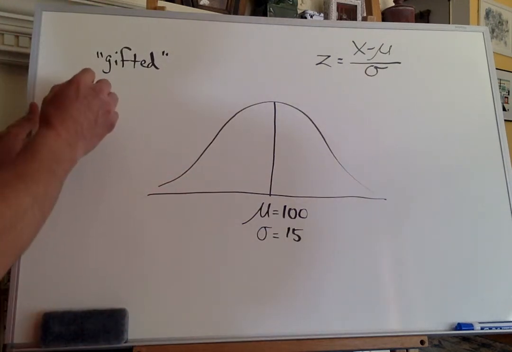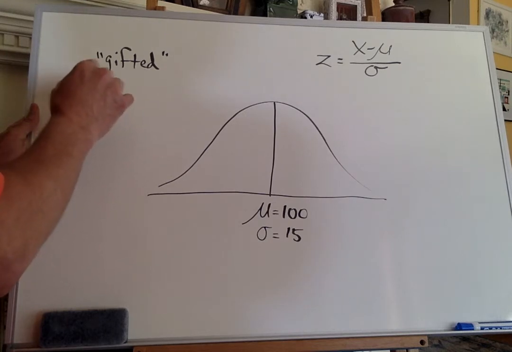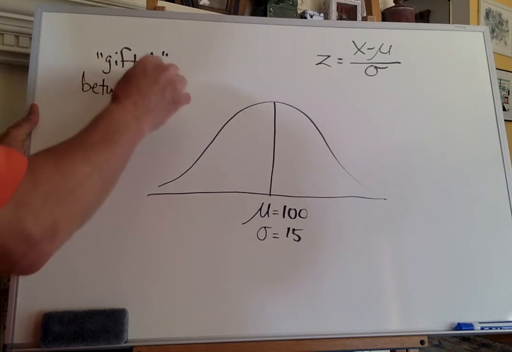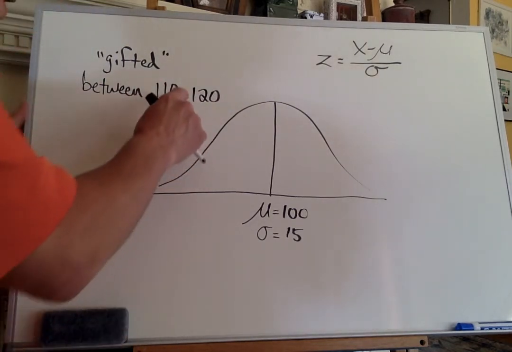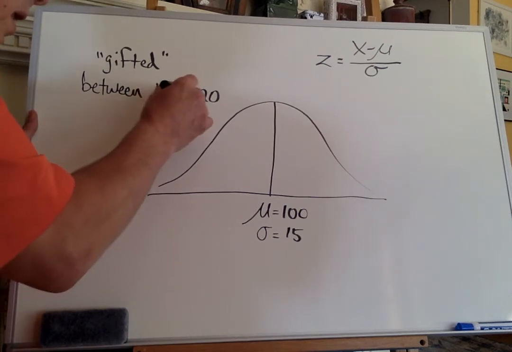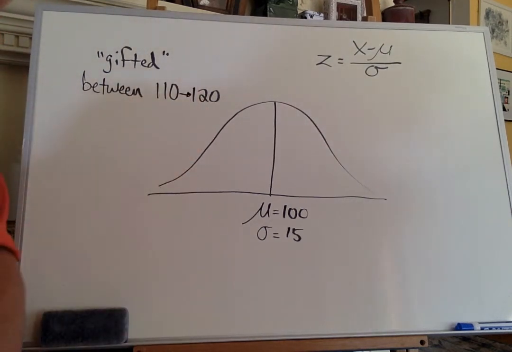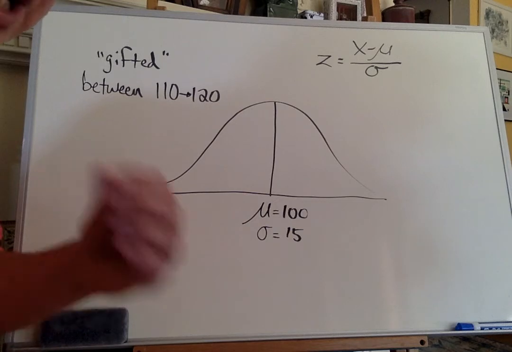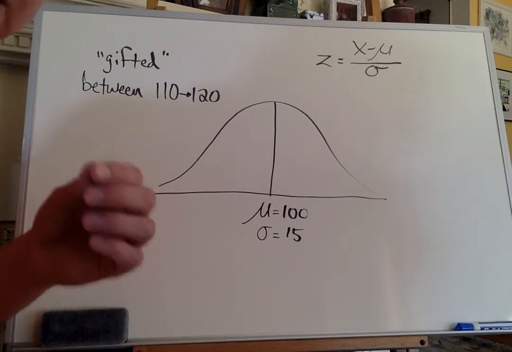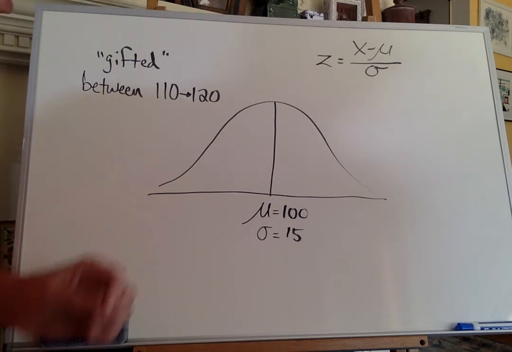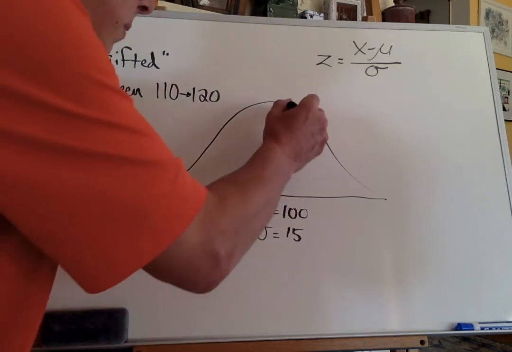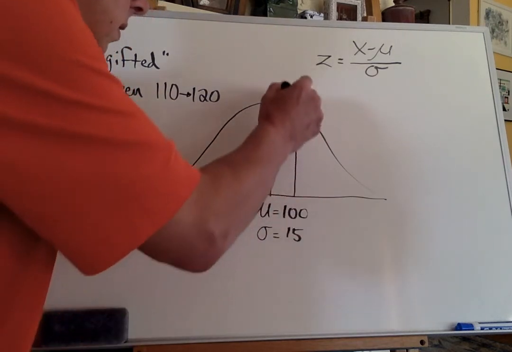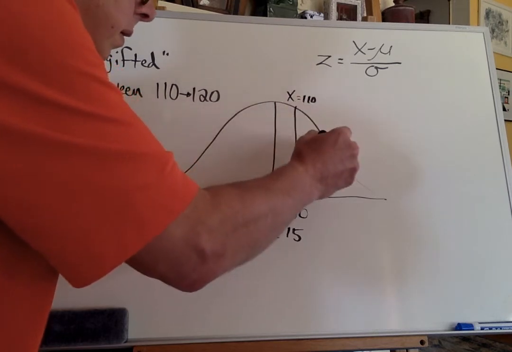And so let me suggest, and by the way, I don't know if this is true. I should have Googled it before the lecture, but it just doesn't matter. Throwing these numbers in, because you're going to have questions that you won't know anything about, but given these parameters, you'll be able to figure out what's going on. That is with z-scores and proportions. Let's suppose that gifted means that you have an IQ between 110 and 120. Okay, and that's not a minus, but it's between 110 and 120. And the question here is, what percentage of the population would get that designation of being gifted? Well, let's see what it looks like on the graph. Here's my x of 110.